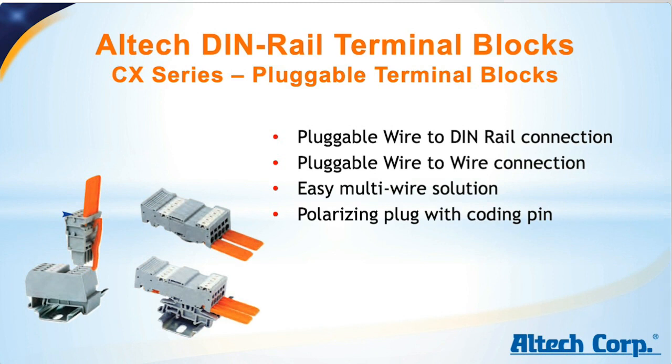They can be stacked together to the desired number of wires to be plugged in. And these plugs then can be plugged into a DIN rail feed-through base for a wire to DIN rail connection, or also possible it can be a free-floating wire to connection which is not mounted on the rail.